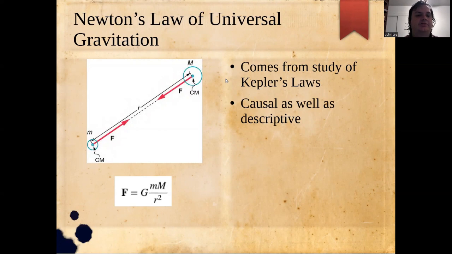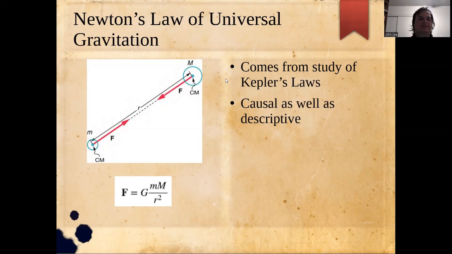And this is also true when you do wildly vary r. The acceleration is going to be dependent only on the mass of the object that's causing the acceleration, so the sun or the earth, and the distance you are away from it.